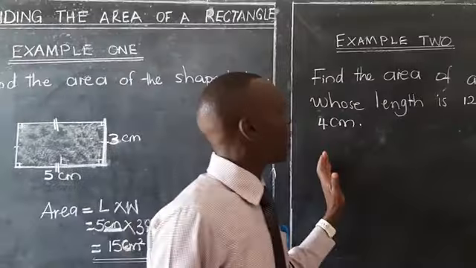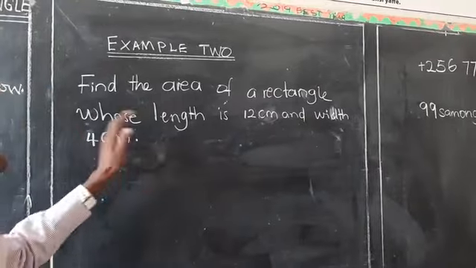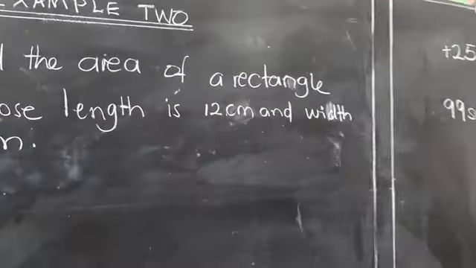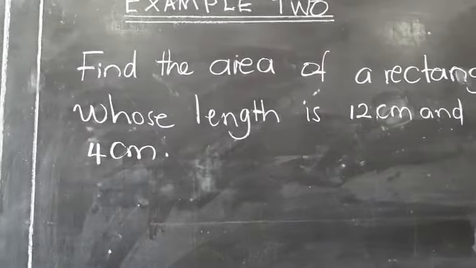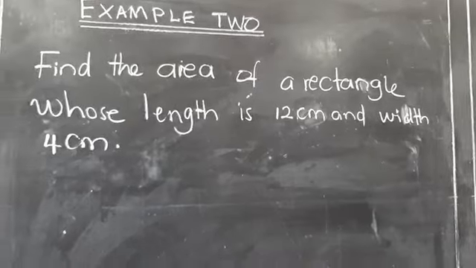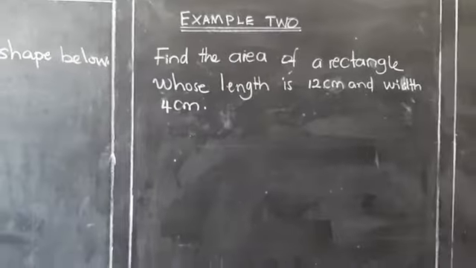Example number 2 is here. It says, find the area of a rectangle whose length is 12 centimeters and width is 4 centimeters. Alright? Now this time there is no shape being drawn. We do not have any shape here. If there is no shape, what do we do?